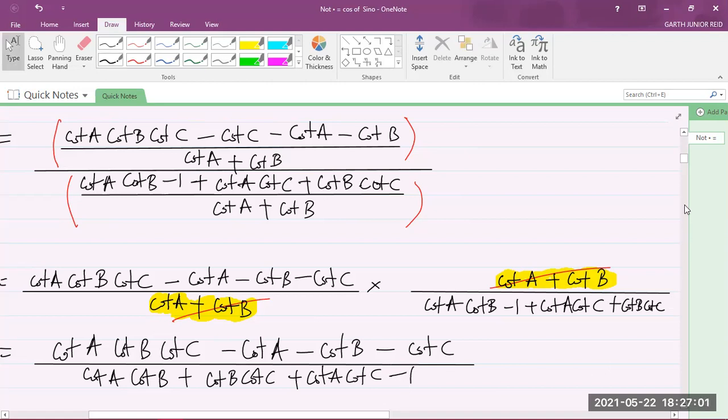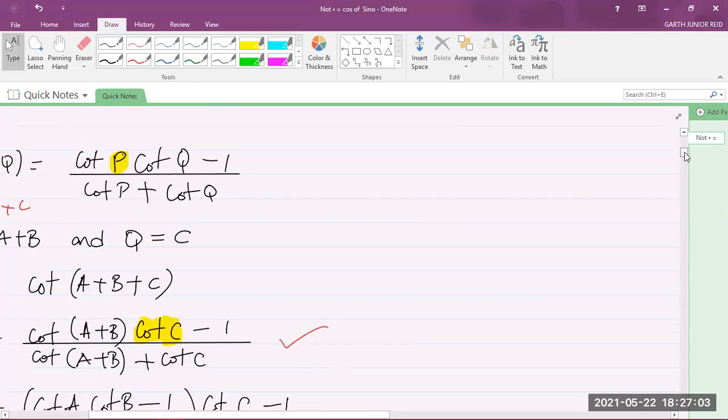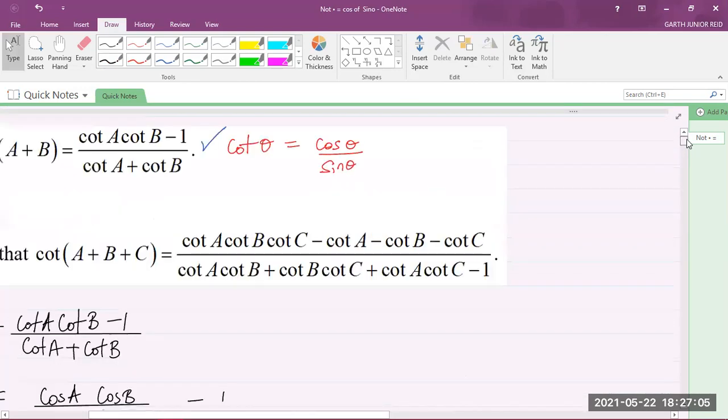Now if you look in the question here, that is what we actually have on our right hand side of the equation.